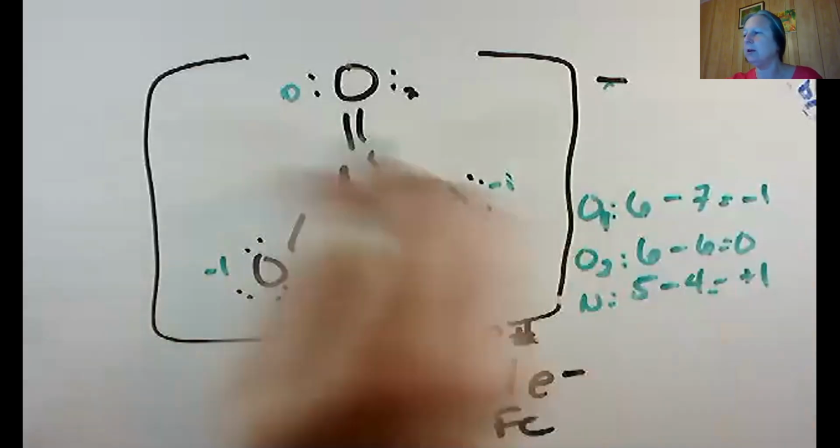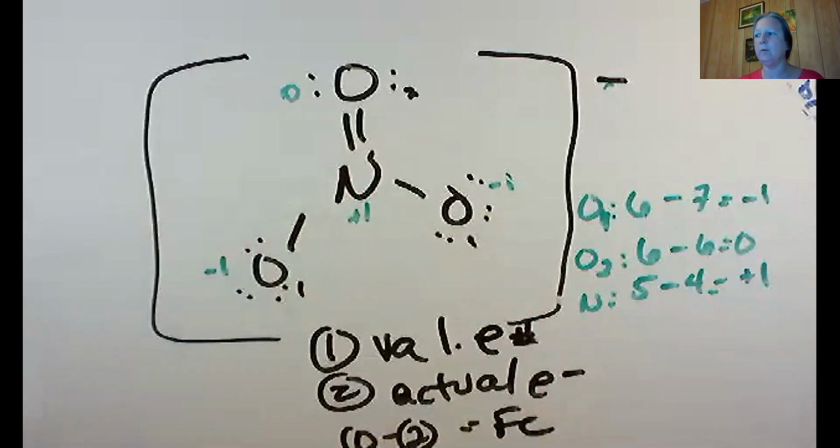Even though this is an ion, these are covalent bonds. So it's just the valence minus the actual. That's your formal charge. So if you can assign formal charges and then tell me which is the best structure based on the rules of formal charge, you're in good shape.